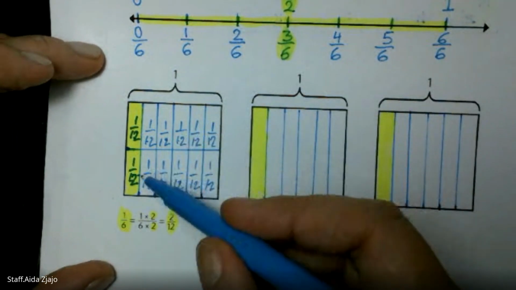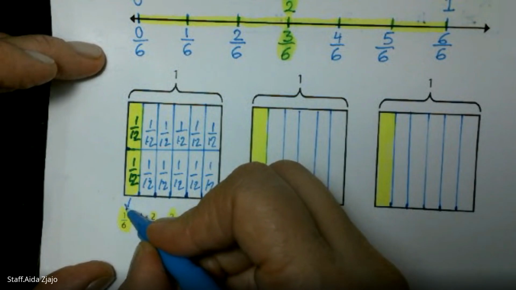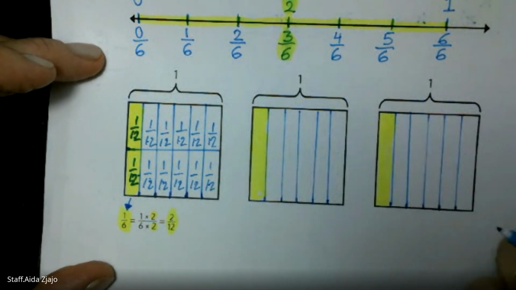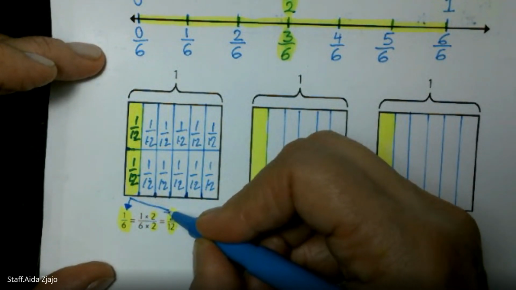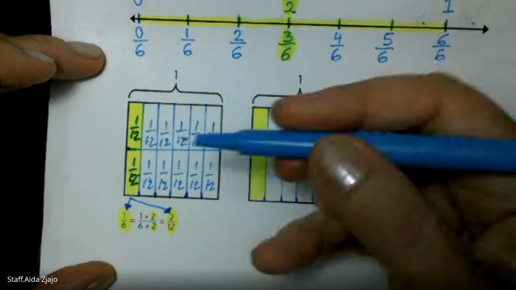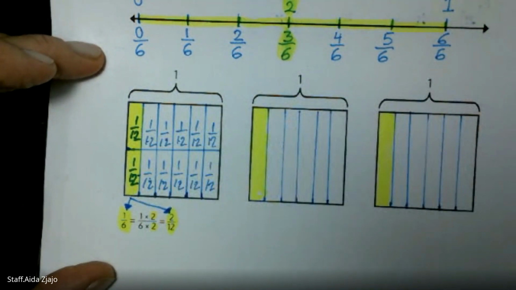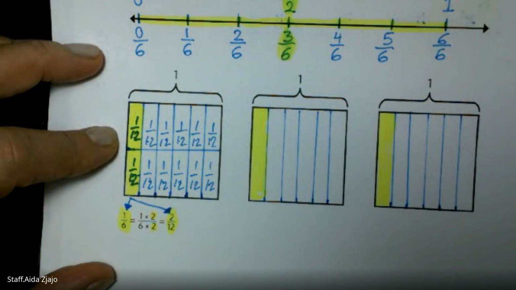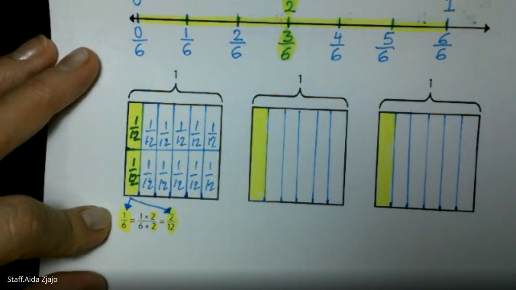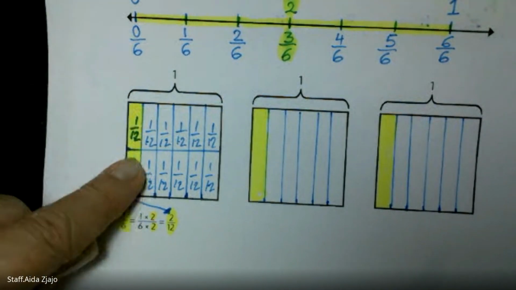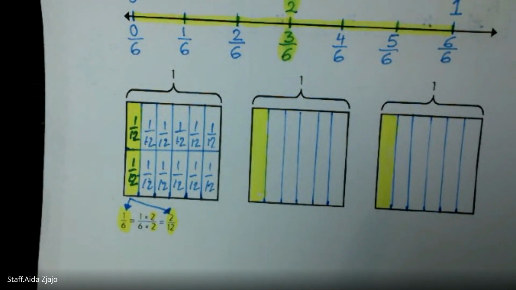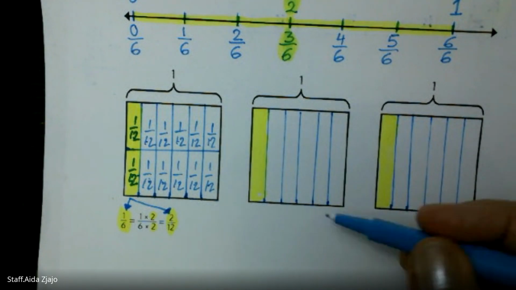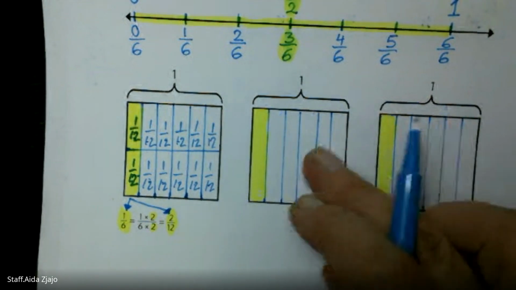So when we look, if this yellow part is 1/6, that is also the same as 2/12. 2 out of 12 pieces is the same as 1 out of 6 pieces. 1/6 is 2/12. Let's see if we can make this one into 3.